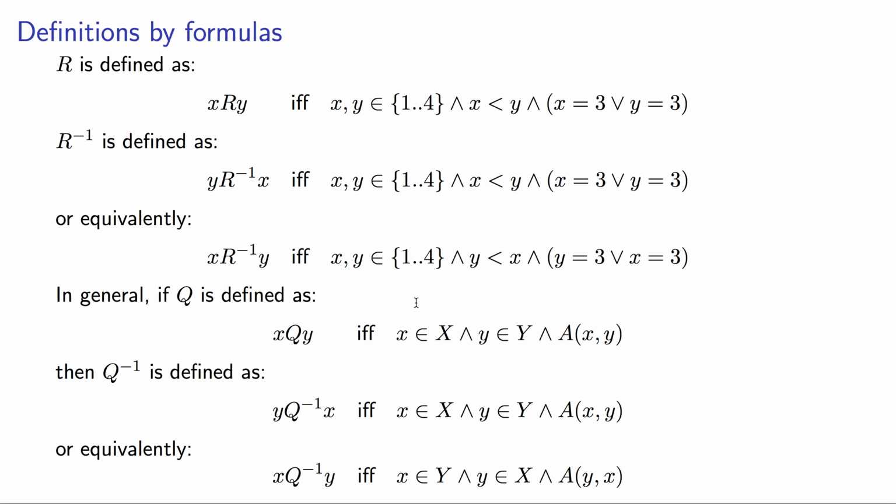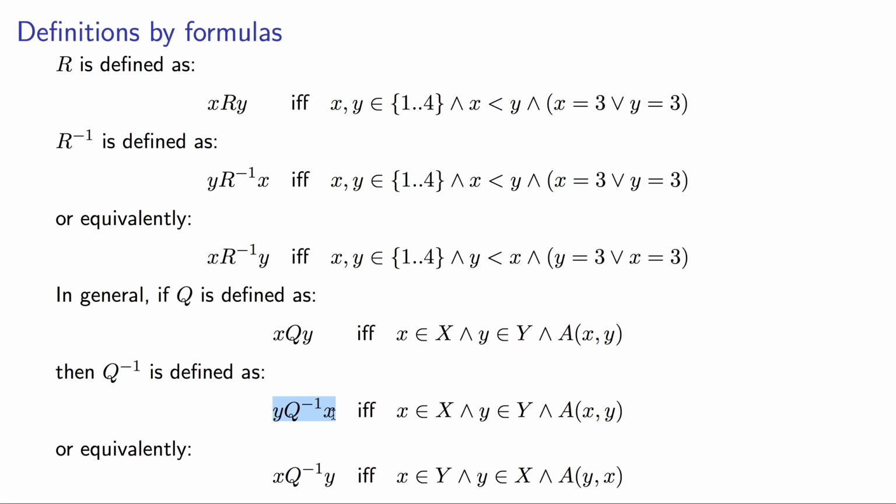Going beyond this example, if a relation Q is defined by a formula where x is restricted to a set capital X, y is restricted to a set capital Y, and where x and y are expected to satisfy a certain formula A, if I want to define the inverse relation, I will do this as I did in the previous example.